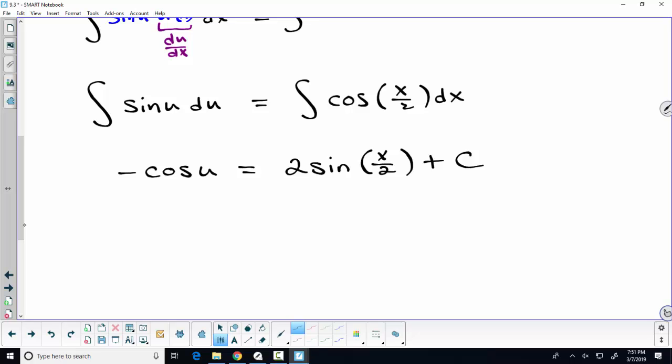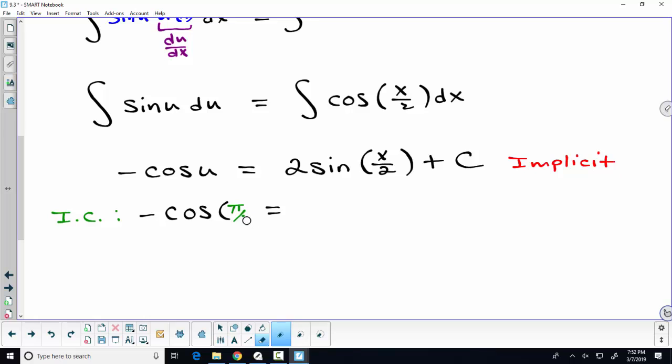So leave the solution in implicit form. When we find c, we're just going to plug c back into this implicit form here. What was the initial condition? Pi over 2. We have minus cosine of u, where u was pi over 2, and x was pi.